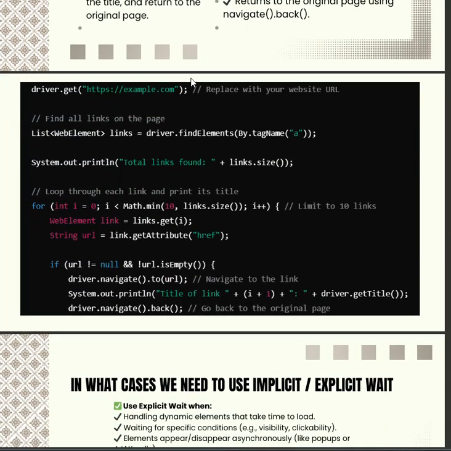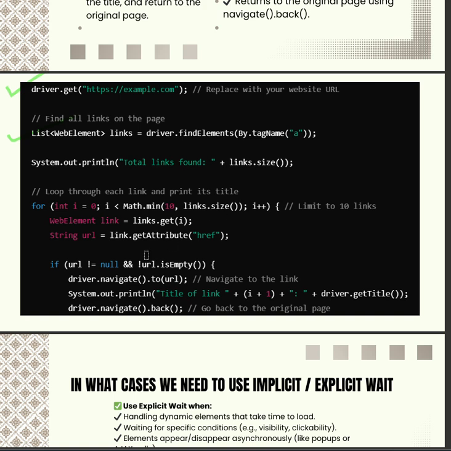So we will first open the web page. Then we will find all links with the help of a list of web elements, and get its size. Then we will iterate over each link with the help of a for-each loop.